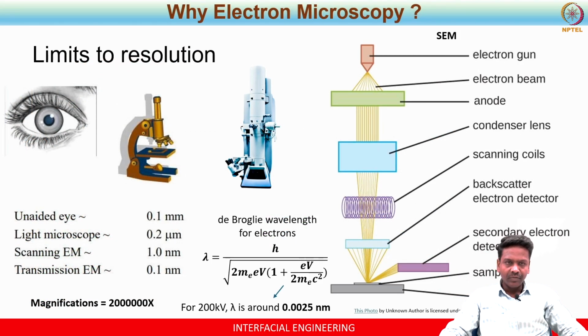So here comes the electron microscopy. Why can one use electron microscopy? The answer is, when you want to resolve a specimen or object up to 0.1 nanometer, electron microscopy is quite often used.